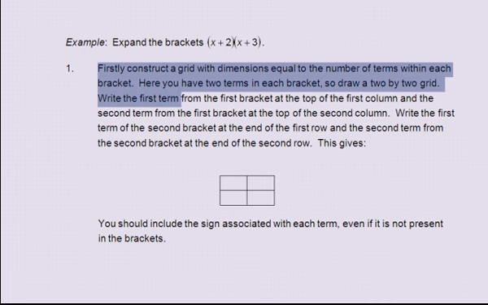Write the first term from the first bracket, which is x, at the top of the first column. And the second term from the first bracket, plus 2, at the top of the second column.